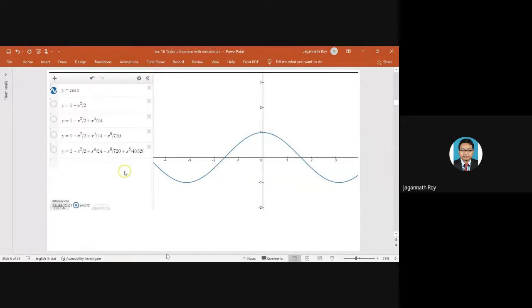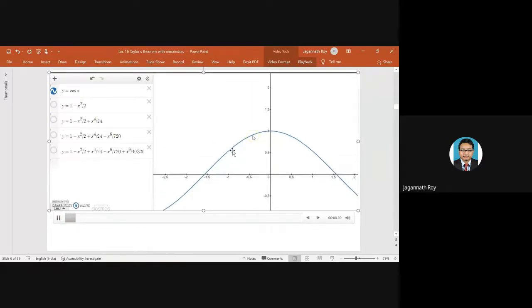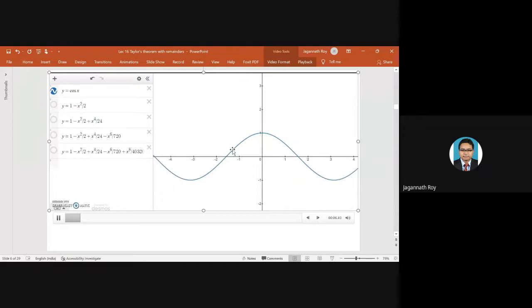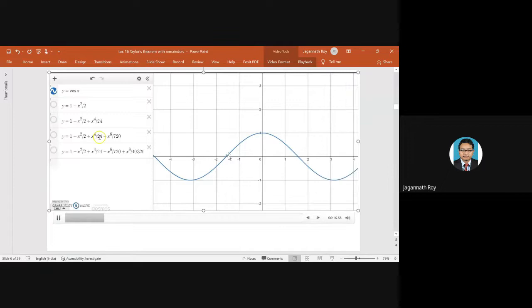If you look at the function y equals f(x), this is the blue line. Then we look at the approximations of the function. First, we take P2, the second order polynomial.